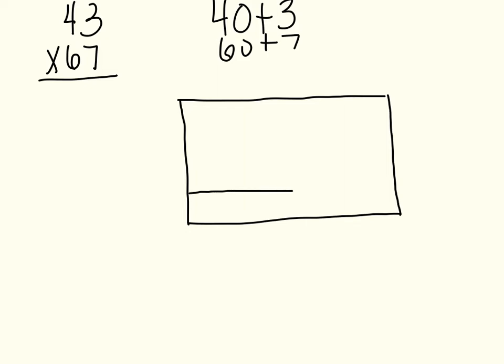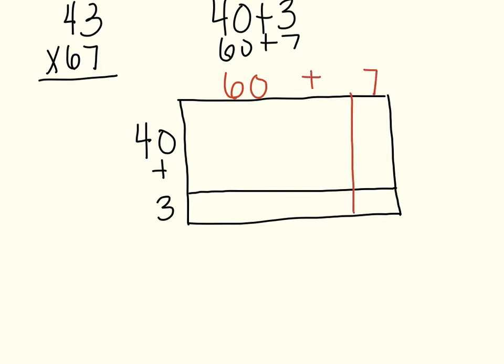If I divide the rectangle this way, the top part of the rectangle here would be where the tens are for 40, 4 tens, and then 3 ones at the bottom. If I'm going across, I can look at 60, and then over here would be 7. 60 plus 7 is 67.